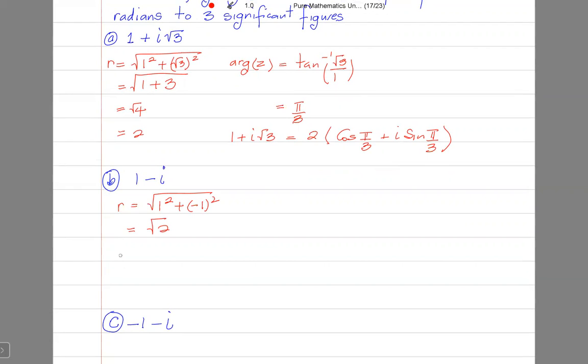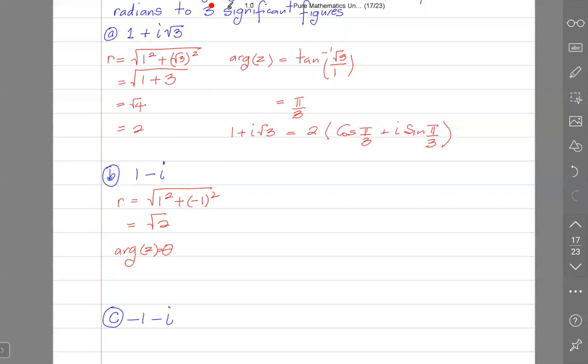Now the argument theta of z: this is (1, -1), which is the fourth quadrant.